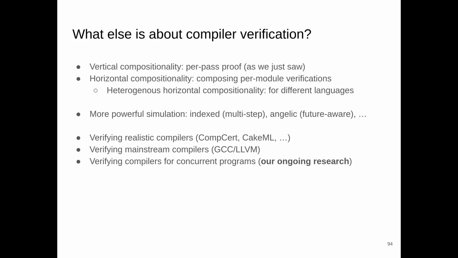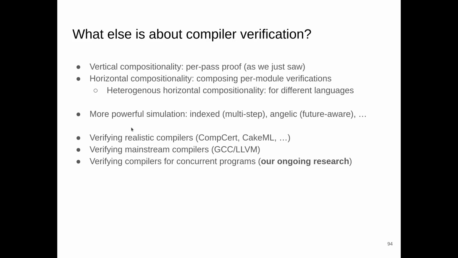And you may even want to employ a more powerful simulation that is capable of more semantic preservation. I'm not going to go into the details of all these techniques, but I'm just saying that there are possible generalizations of these compiler verification technologies.